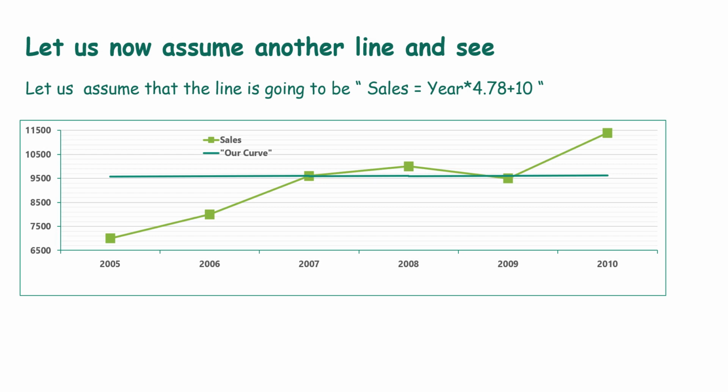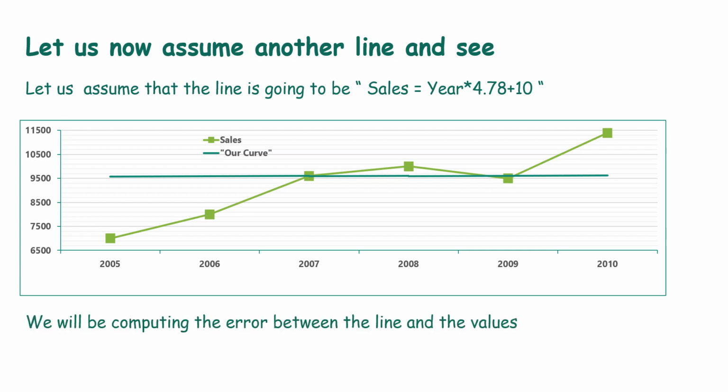So you have this light green, which is the actual sales data. Now I have plotted the line by substituting the value of year for 2005, 6, 7, 8, 9, and 10, computed the values and plotted it as a graph.